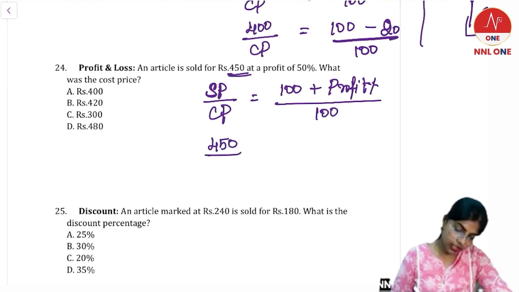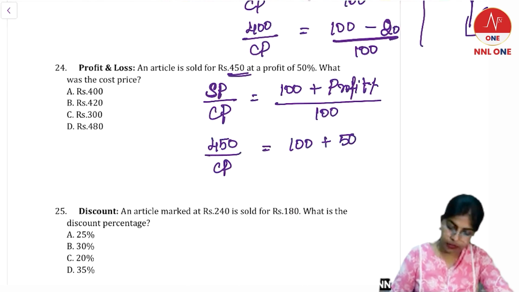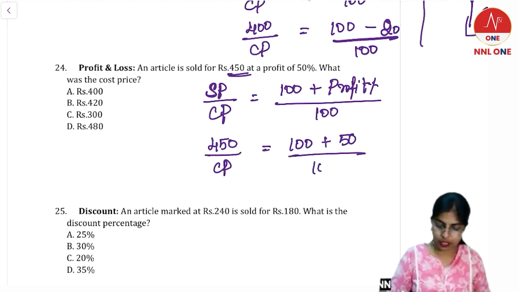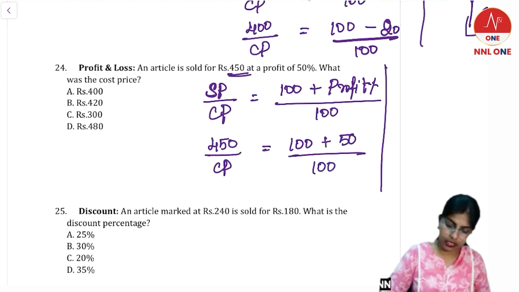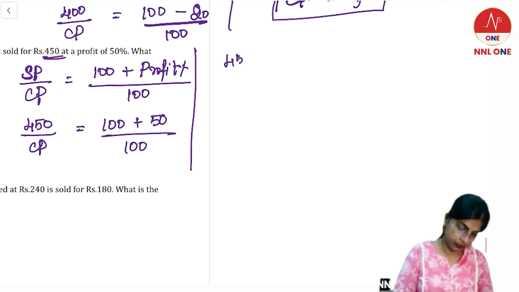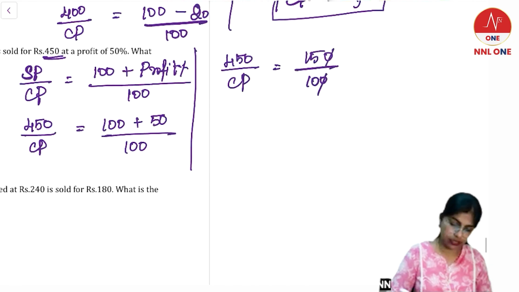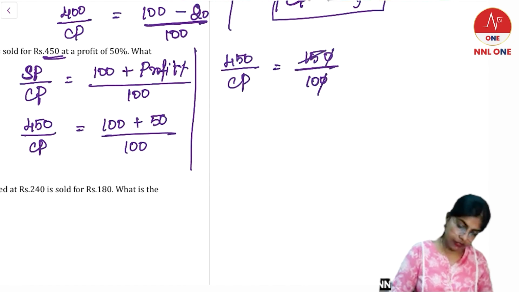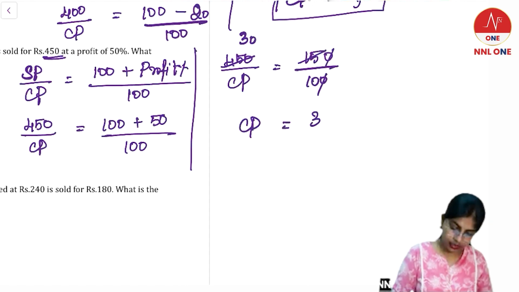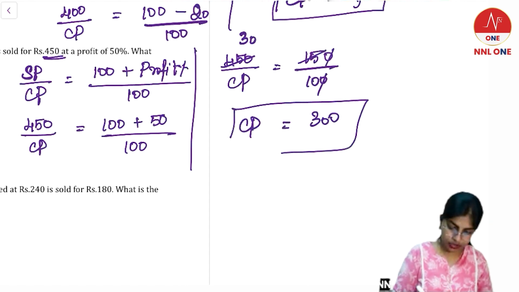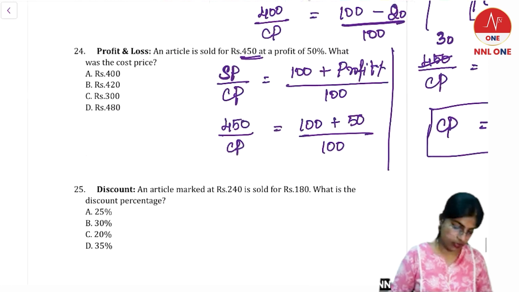Our target is to find the cost price. 100 plus profit percentage value is 50 by 100. So the next, it is 450 by CP is equal to 150 by 100. We are going to cancel here the zeros, and 15 into 3 times it is 45, 30. So the resultant answer is 300. So the cost price is 300.